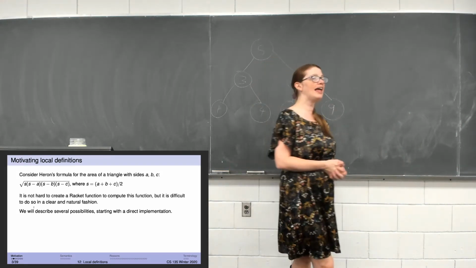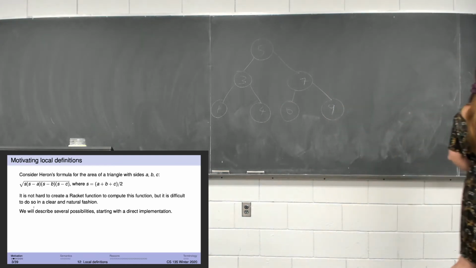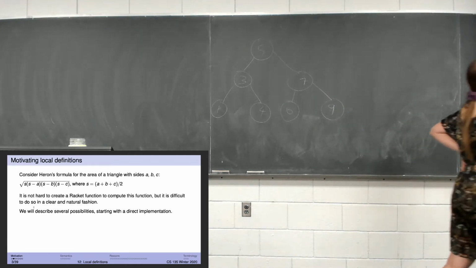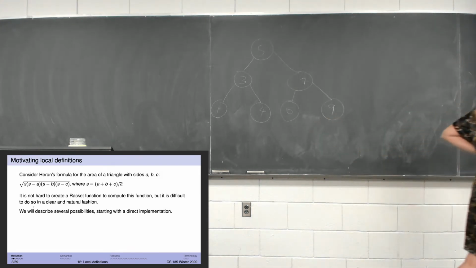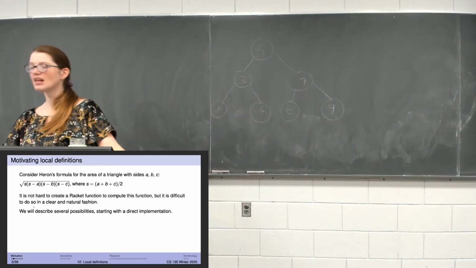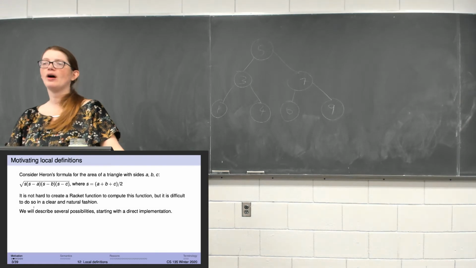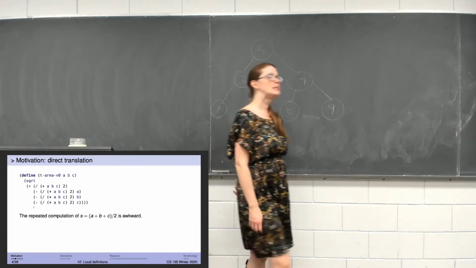It takes the side lengths as A, B, and C, and then it takes the area as the square root of S times S minus A times S minus B times S minus C. And what's interesting is S in itself is also A plus B plus C over 2. If I asked you to translate that into Racket, you should all be able to do that. It was kind of on your midterm question 1, but there it is, translation.